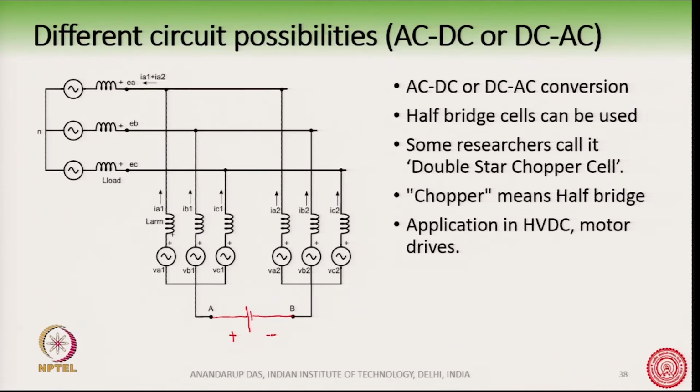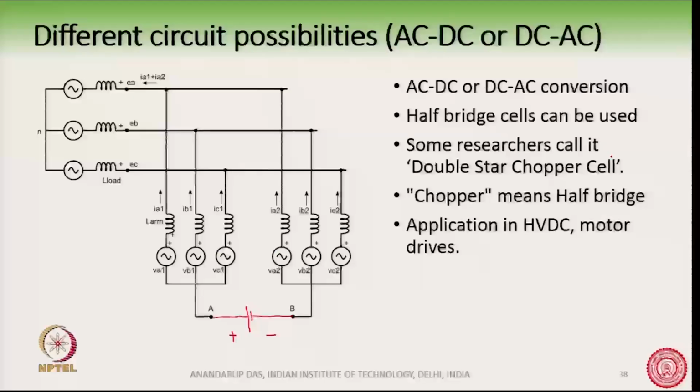Now, you will see in literature when you explore the different MMC circuit topologies, many papers are available in online libraries. For example, if you look in IEEE Xplore, you will see a lot of circuit topology variants of MMC. Now, some researchers call this a double star chopper cell.